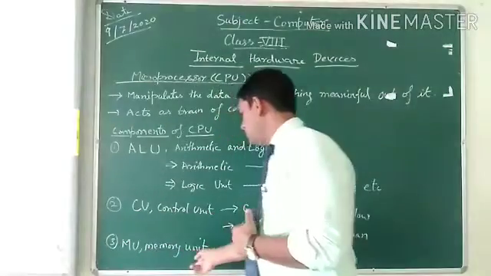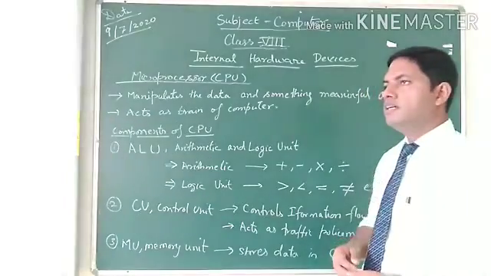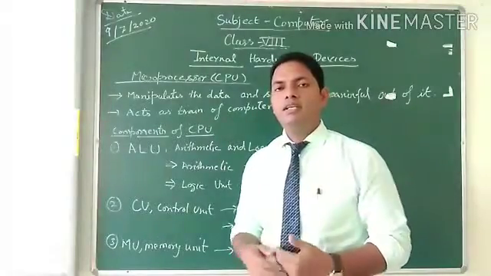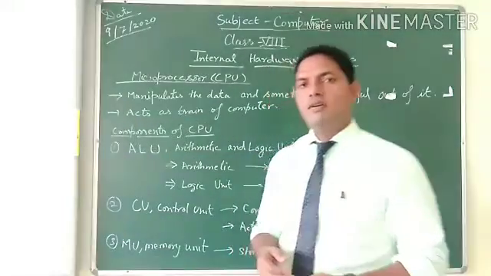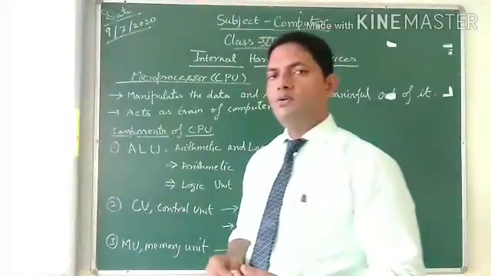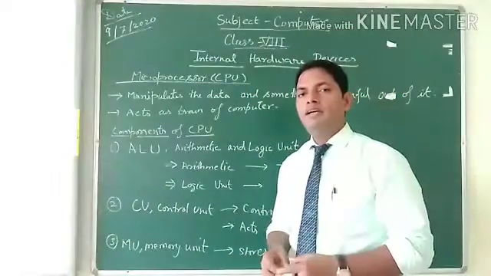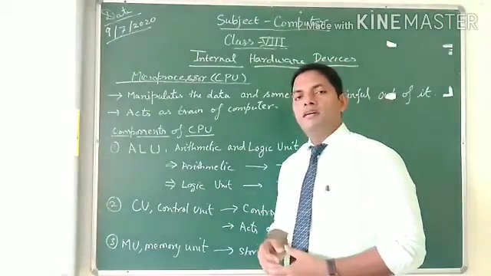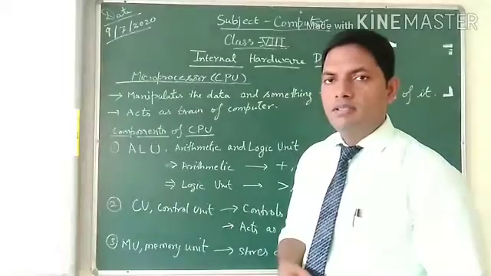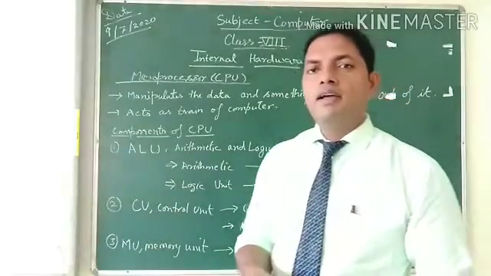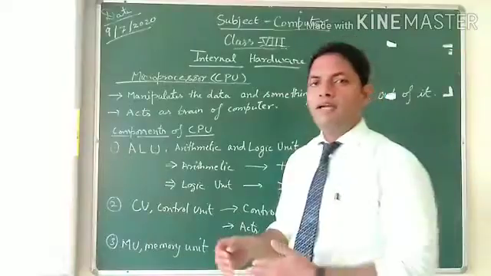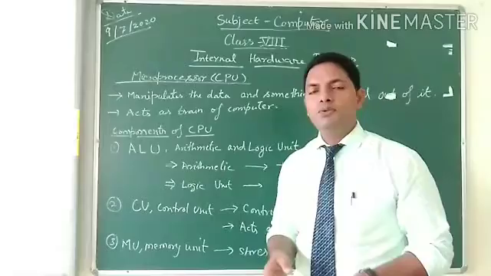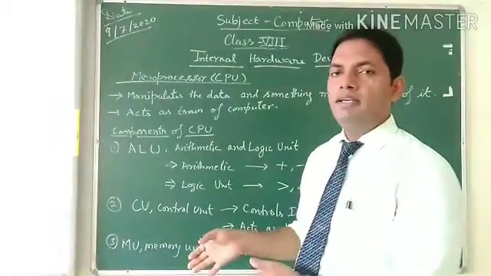Now the memory unit. Memory unit stores the data in the CPU. When we are giving any input, it is required to stay stored at a particular place. For example, if we are multiplying two numbers, we have to give input as A multiplied by B, where the value of A is 2 and B is 3.